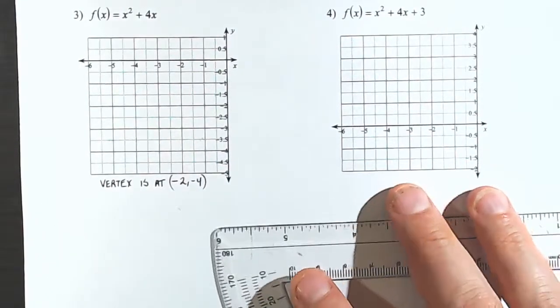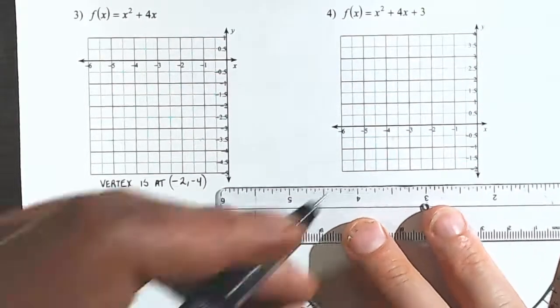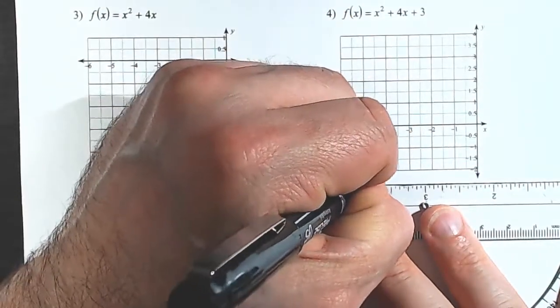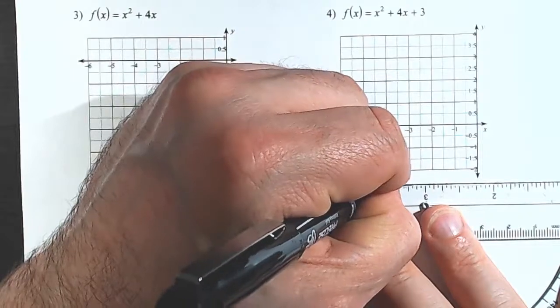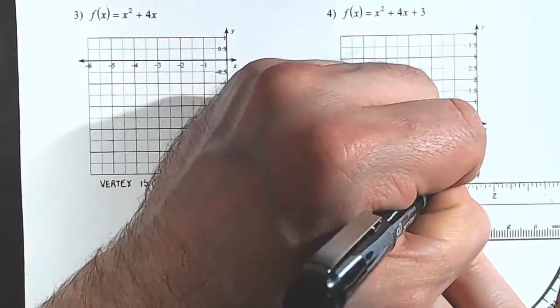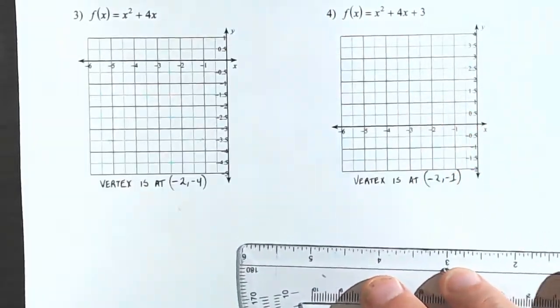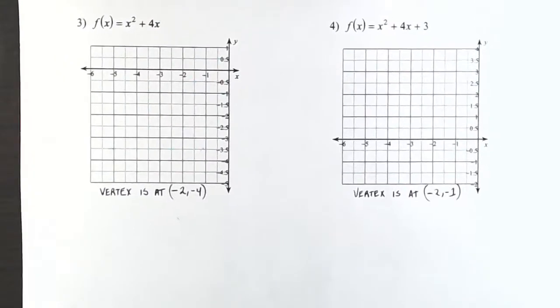And finally, this vertex for number 4 is at -2, -1. Okay. And of course, if you don't have this information, you can always solve for the vertex, but that is for the pre-AP students.